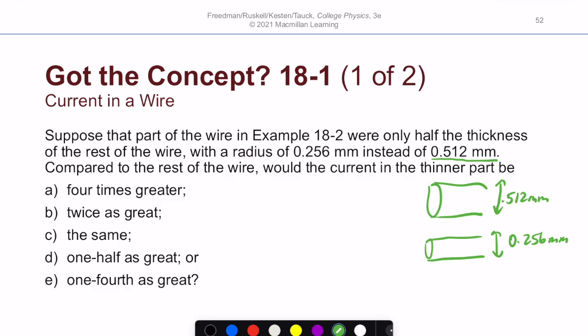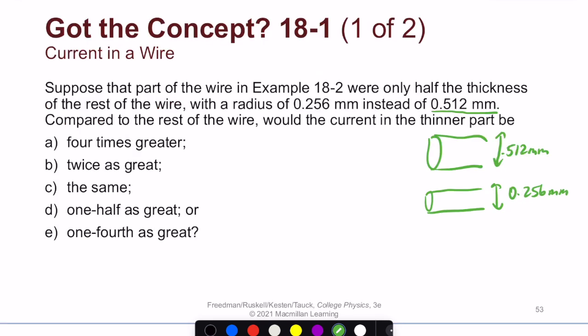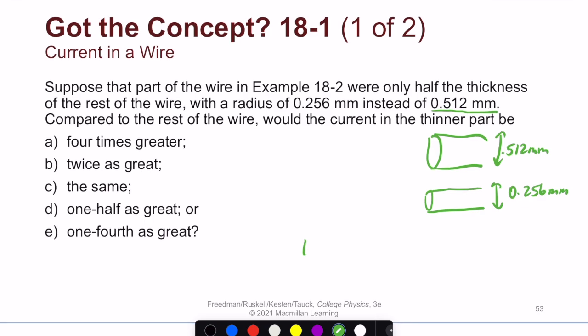So what happens to the current if we decrease the thickness of the wire? Let's write down the equation we learned for current as a function of drift speed and cross-sectional area, right?